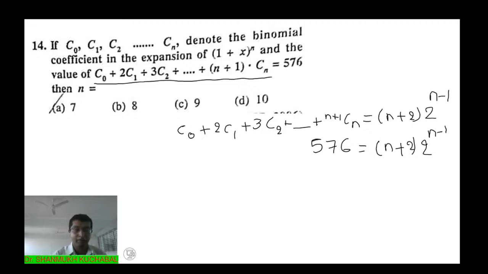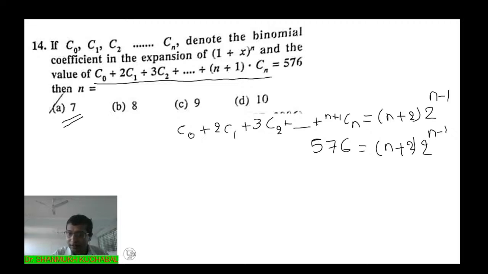Here we have several options. Option A is 7, option B is 8, next 9 and 10. Now we'll substitute the value n equal to 7. So after substitution, if we get LHS equal to RHS, then n equal to 7 is the right answer.